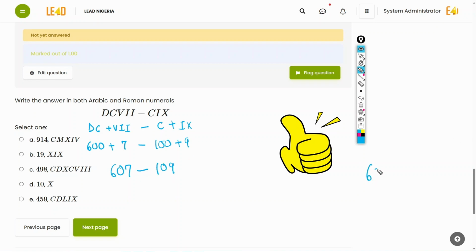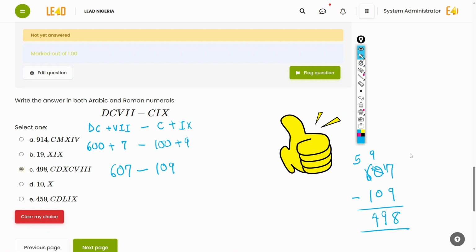If we do that math, 607 minus 109, 7 cannot minus 9, so we borrow from 6, we have 5. Then we put that one here, it becomes 10. Borrow from 10, we have 9. Put that one here, it becomes 17. So 17 minus 9 gives us 8. 9 minus 0 is 9. 5 minus 1 is 4. So the correct answer is 498.